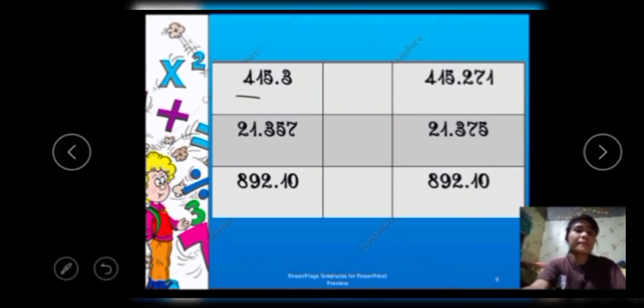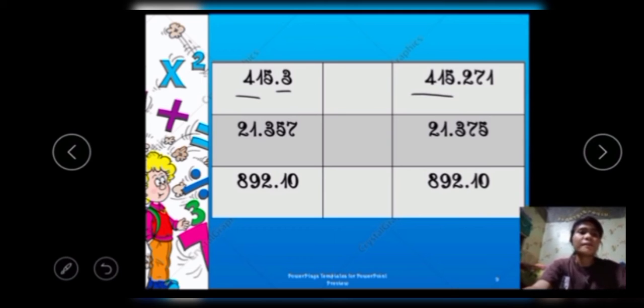So in our first example, we have the same whole number, which is 415. So now let's find the numbers that are different, and let's know which is greater than, less than, or equal.